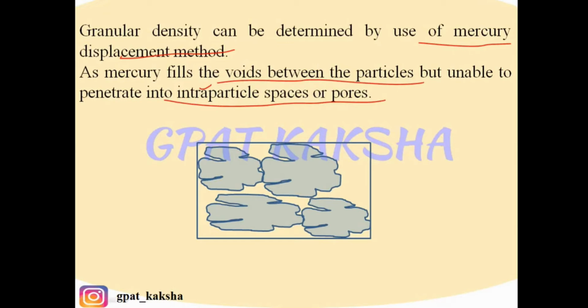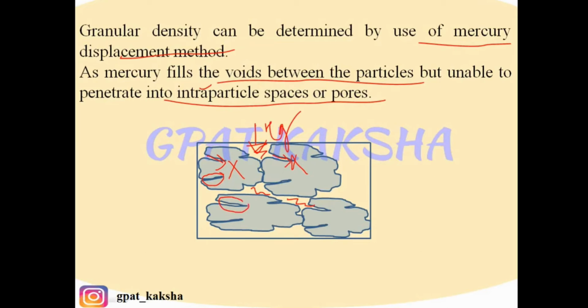When mercury is introduced into the powder sample, it penetrates into the interparticle spaces, but fails to penetrate into the intraparticle spaces, so these intraparticle space volumes get counted and we get granular density.